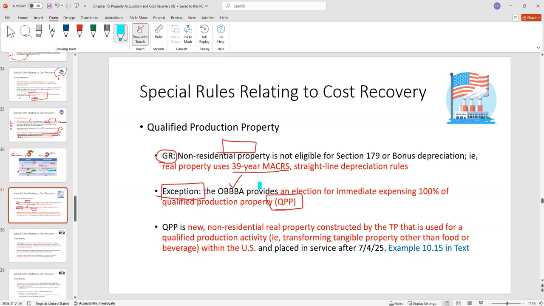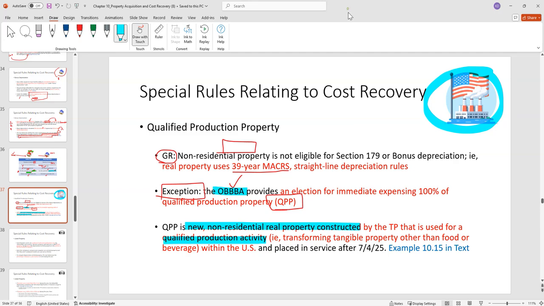One of the goals of the One Big Beautiful Bill Act was to encourage American manufacturing. So if you, right, are to construct a new non-residential building that's used for a qualified production activity, typically manufacturing, you can immediately expense this, right?